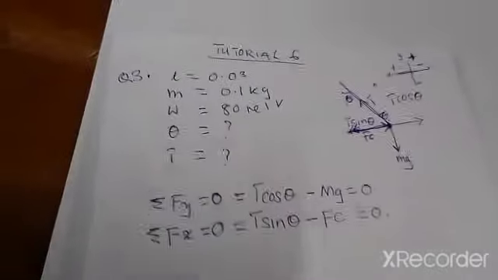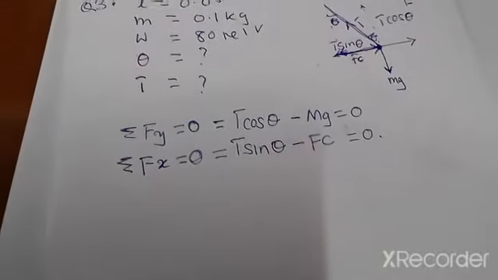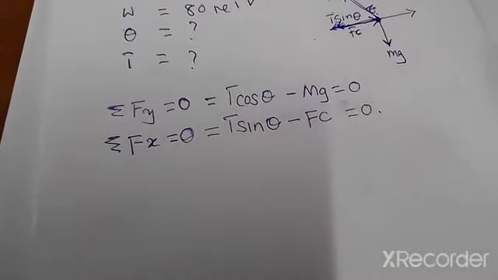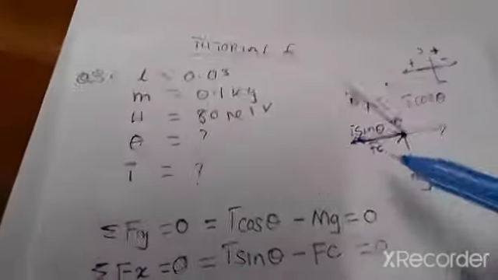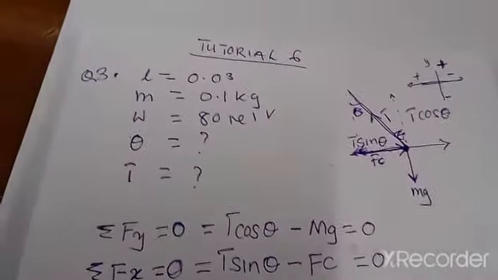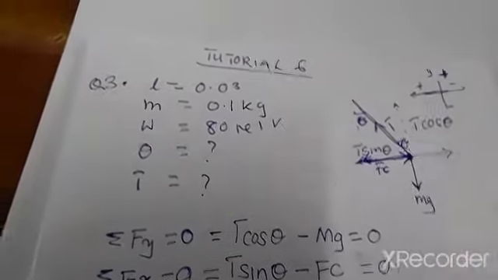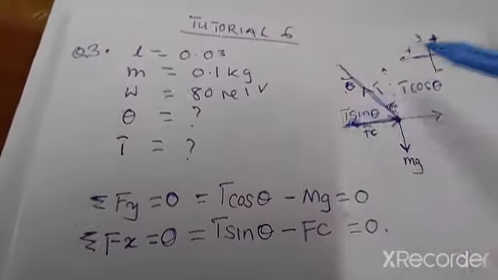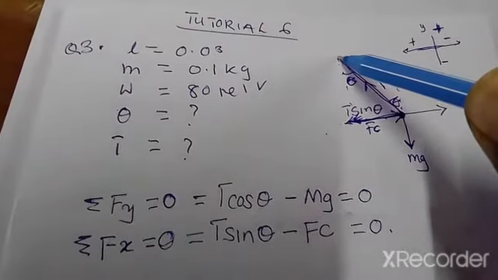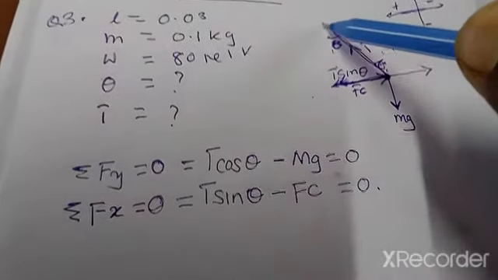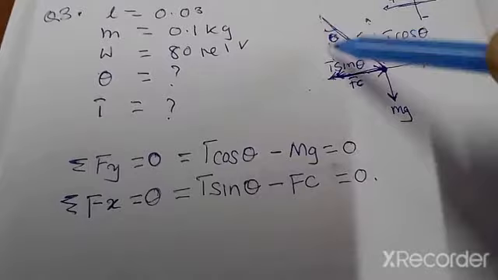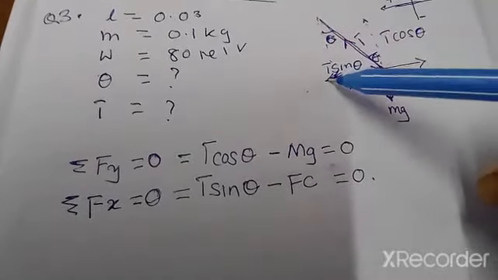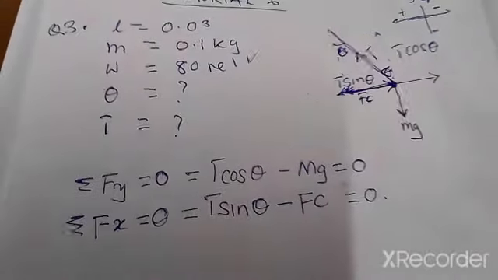Another thing we can look at here is the radius of this circular path. We have the length of the string. How do we find the radius? Mind you, the string is making an angle with the vertical, which is here.